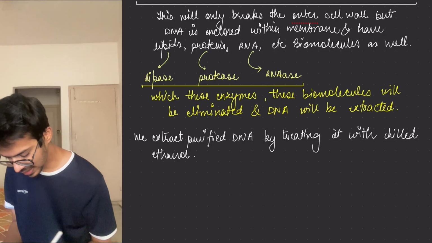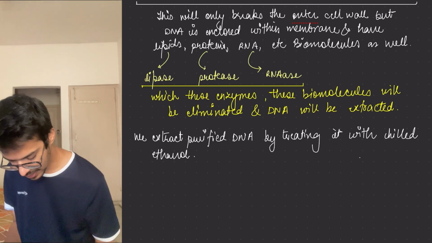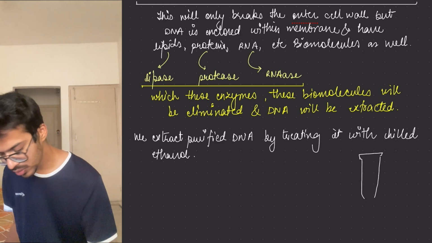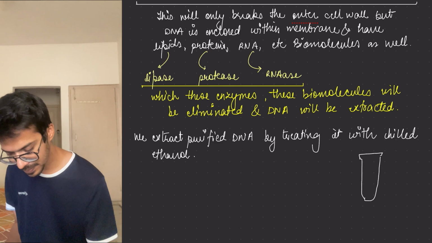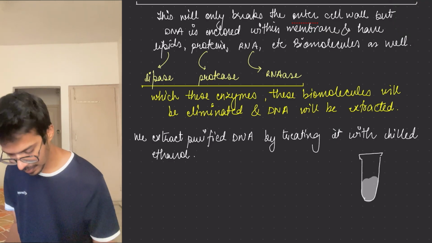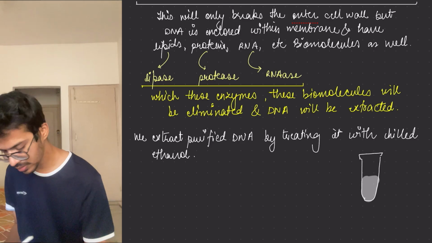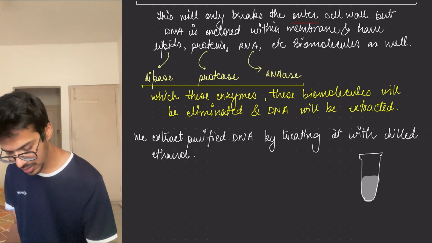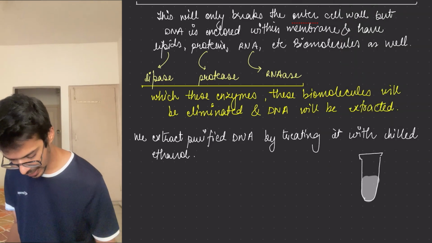This diagram is also given in your NCERT: if this is the test tube where you are adding this, what will happen? This is your whole thing. It will appear something like this. Can you see this?